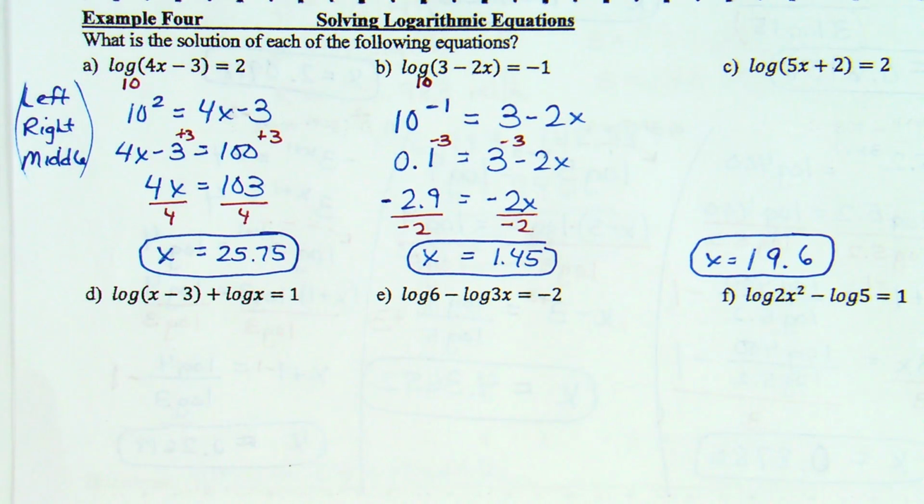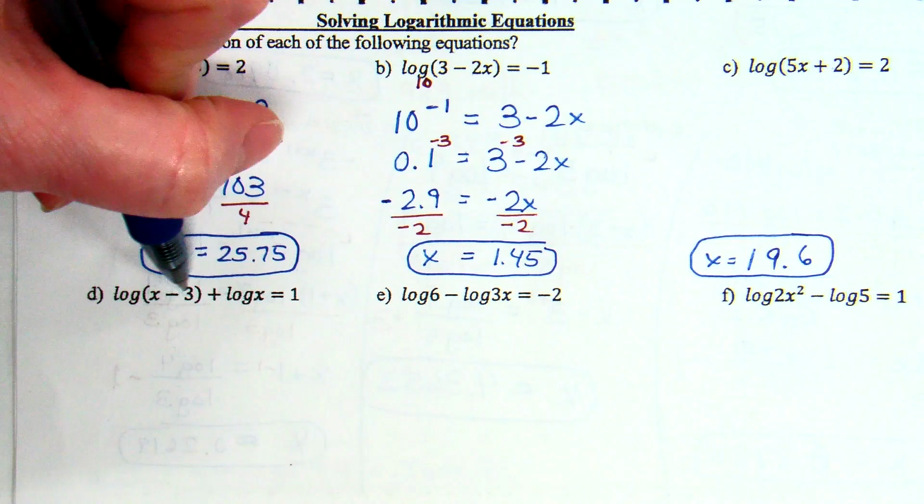Do you remember those properties we learned? Two logs being added can be rewritten as 1 log where the insides are multiplied. Yeah, 2 logs being added can be rewritten with 1 log where the insides are multiplied.